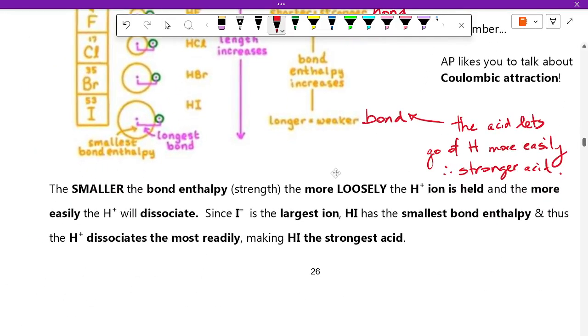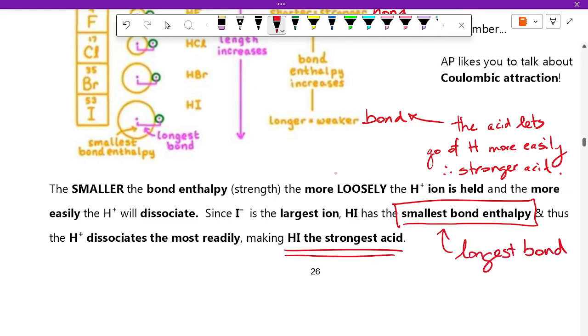So HI has the smallest bond enthalpy because it has the longest bond. And therefore HI is the strongest acid.